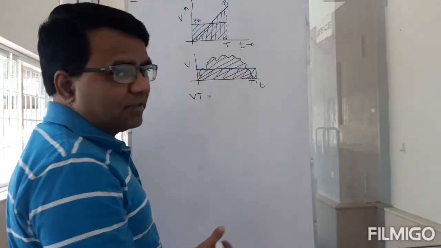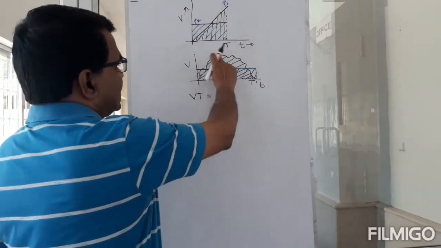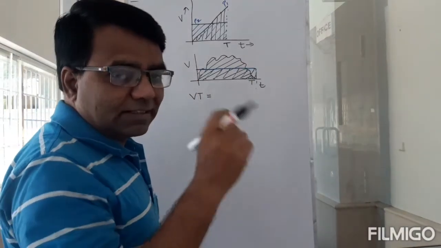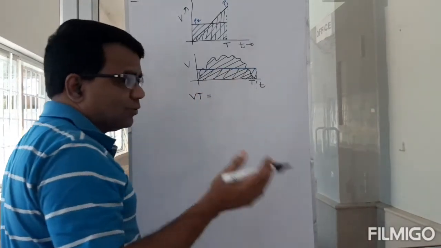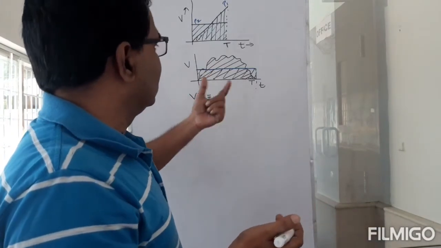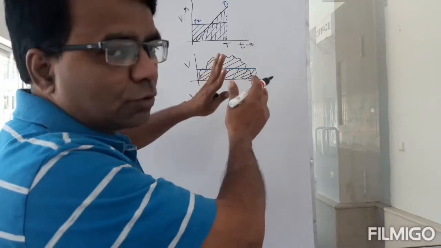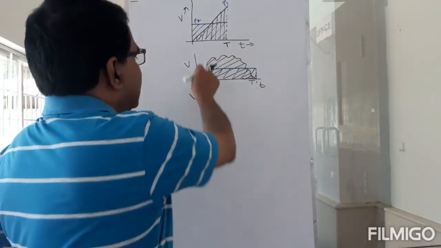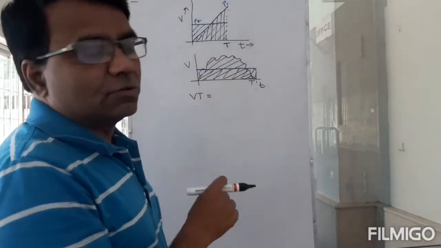So length multiplied by breadth will give me area. So V into T. But this is a complex curve, and that area can be calculated using what? Using integration, because you can't do it in a straightforward fashion. You need to integrate it, because you will take all these small areas and then add them all together. So you require integration to do it.